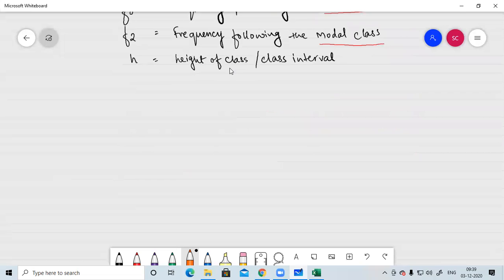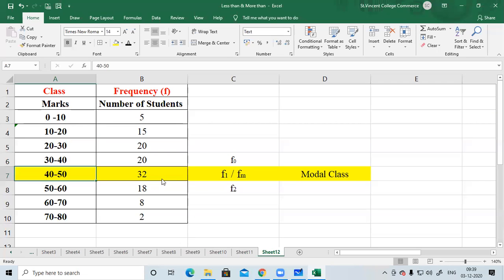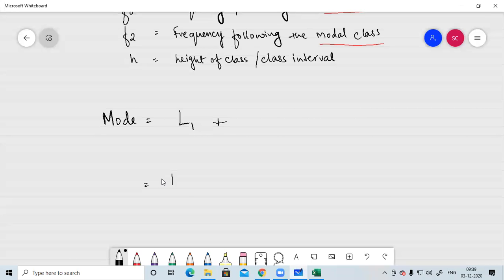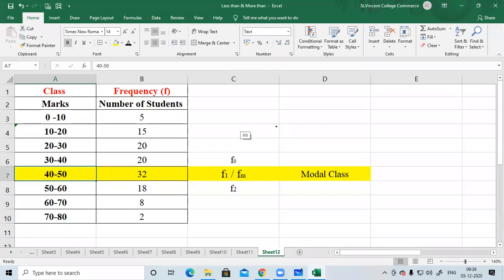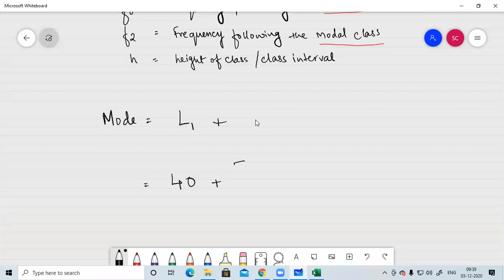So rewriting the formula for mode for you to understand: mode is equal to L1, lower limit. As I write the formula, I'll go on showing you the representation. So the lower limit is 40, so 40 plus. Now the next part is in brackets. The bracket is not important. I've just put it so that your calculation becomes convenient.